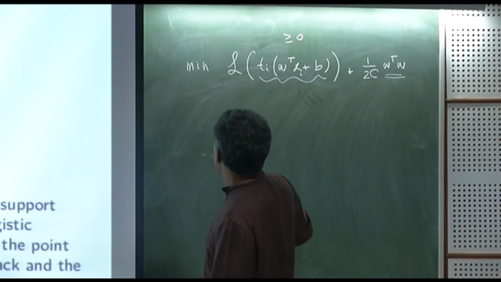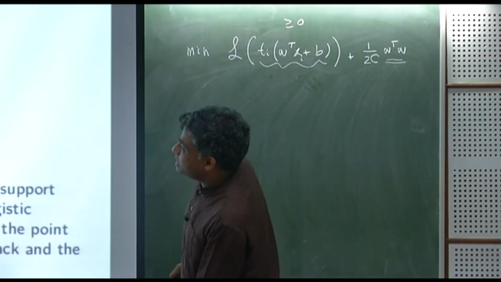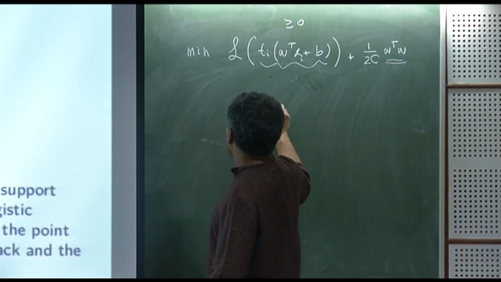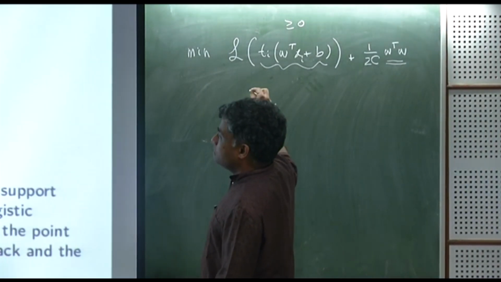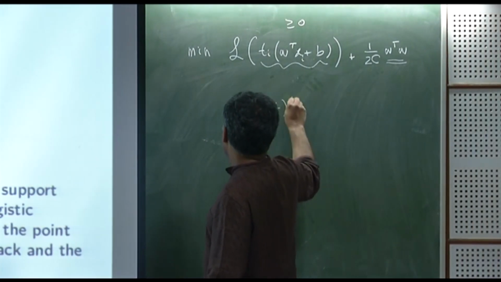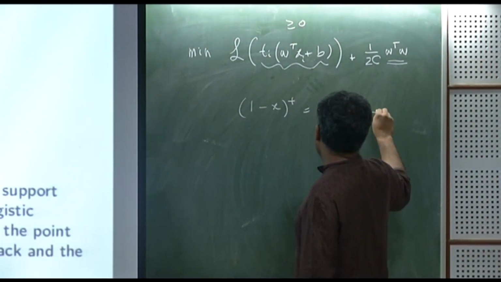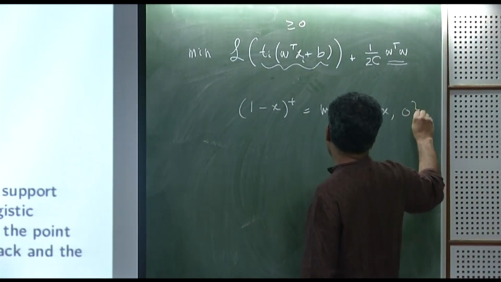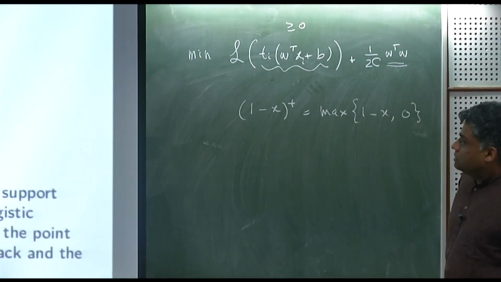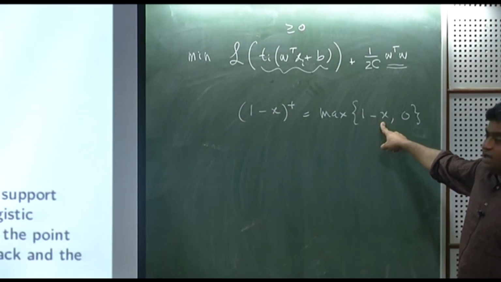what is that line? So the blue line can be written as 1 minus x, positive part, which is the maximum of 1 minus x and 0. So when x is equal to 1, this becomes 0.